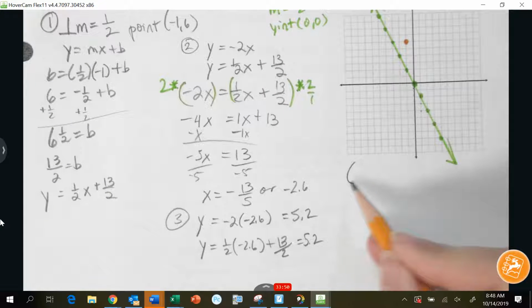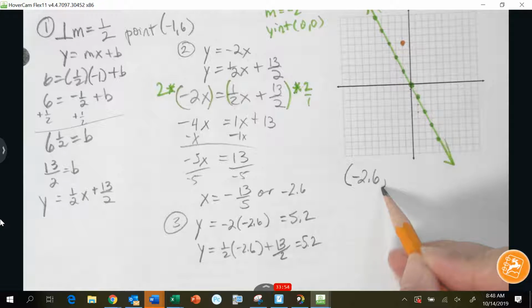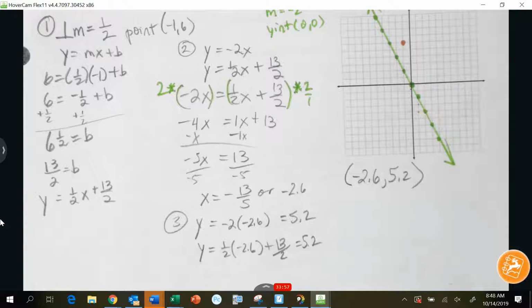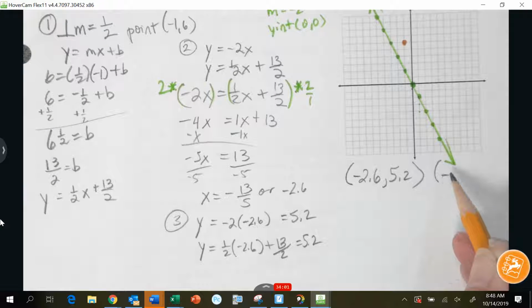So it looks like our ordered pair is negative 2.6 comma 5.2. And then our original ordered pair is negative 1.6.